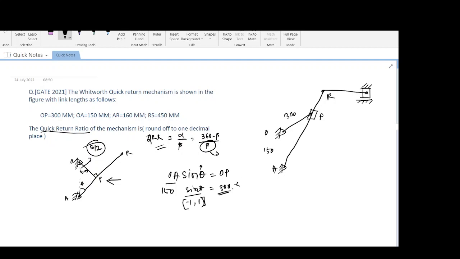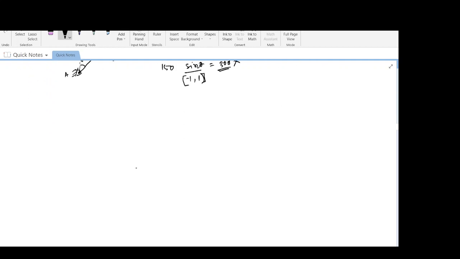So this is not possible. So always remember that the Whitworth quick return mechanism is solved by the general figure, general diagram. So solve like that.